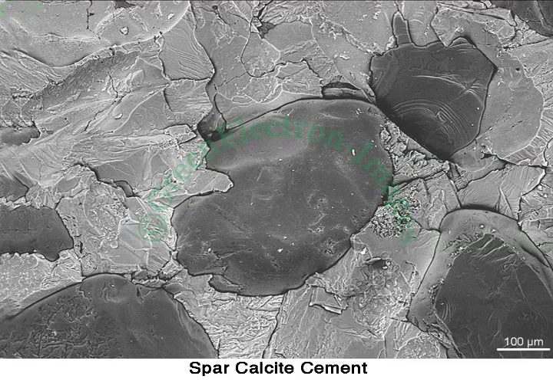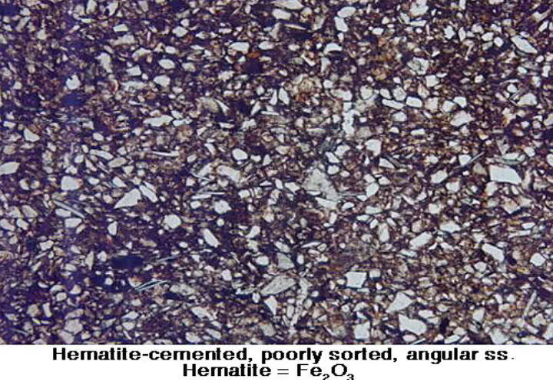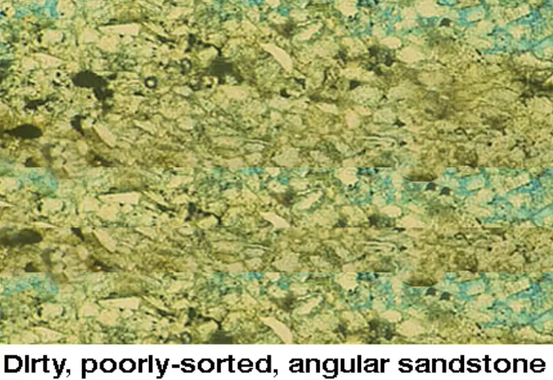In this highly magnified scanning electron microscope image, the dark sub-rounded quartz grains are surrounded by spar calcite. Clay-sized particles may constitute more than half of the volume of a rock, so the grains of quartz or feldspar are completely enclosed. It is a dirty sandstone or a sandy mudstone.